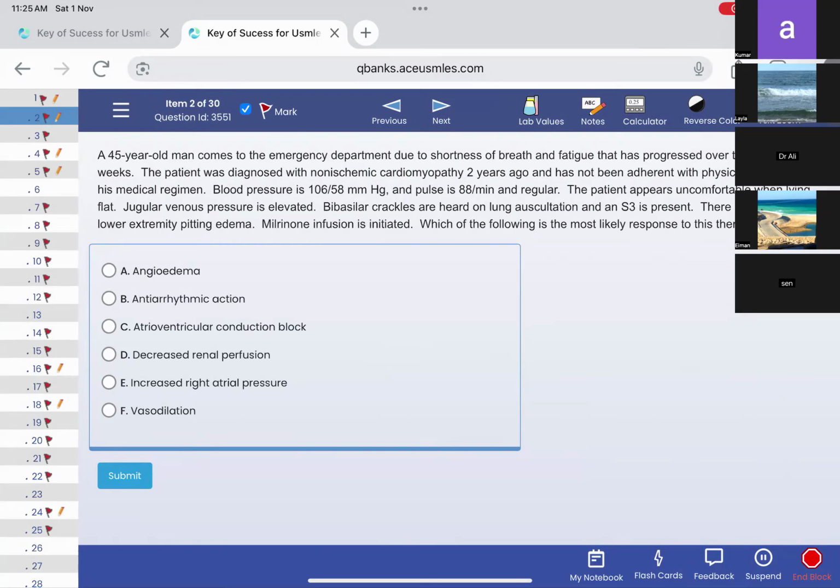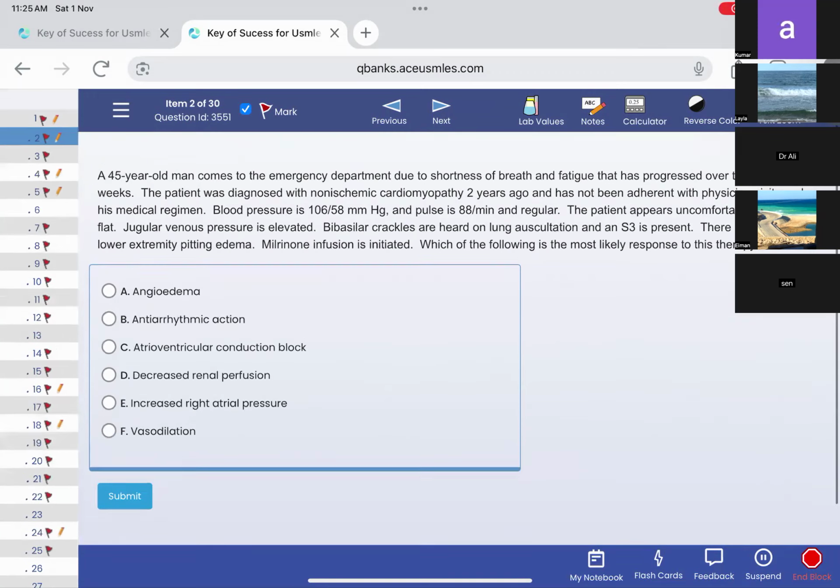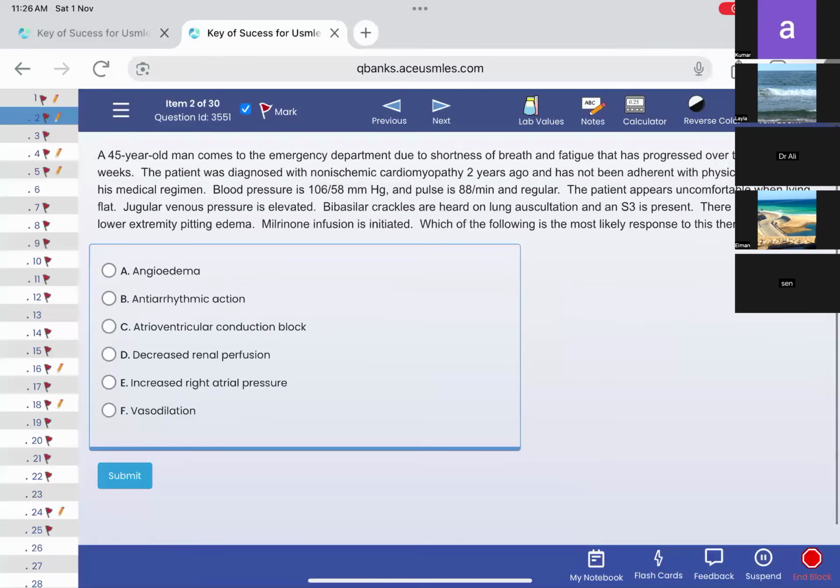Blood pressure is 106/58, pulse is 88 and regular. The patient appears uncomfortable when lying flat. Jugular venous pressure is elevated. Bibasilar crackles are heard on lung auscultation, and an S3 is present. There is 1 plus bilateral lower extremity pitting edema. Milrinone infusion is initiated. Which of the following is the most likely response to this therapy?